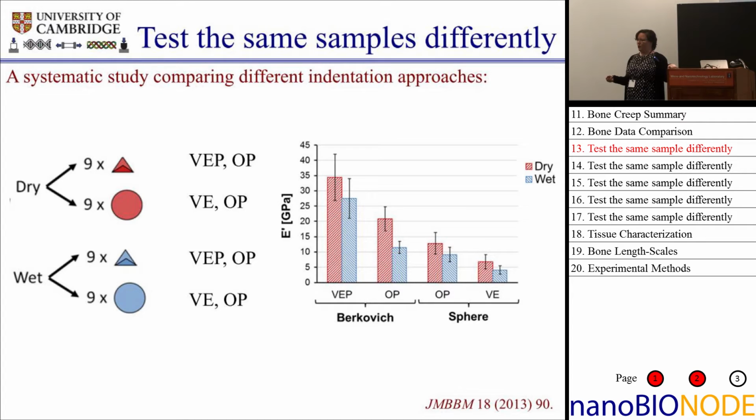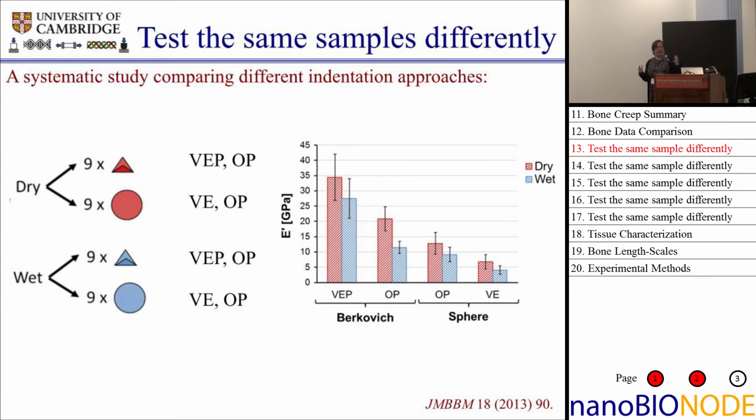So the first result is that if you take these different cases and you just plot up what you get as the modulus, the plane strain modulus, Berkovich, sphere, different types of data analysis, wet versus dry, well, you can see that we have a big difference.